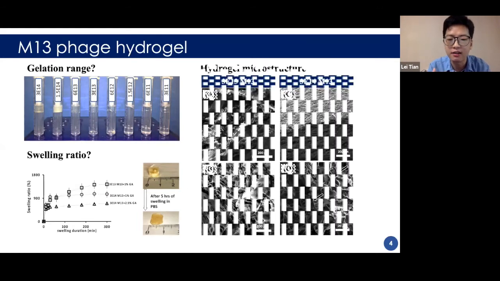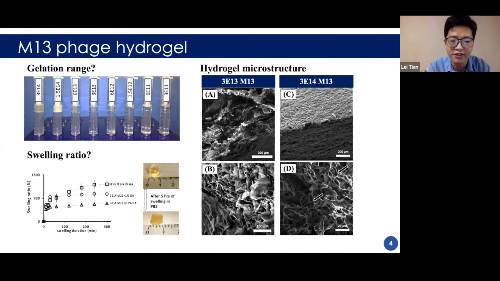So we checked the micro and nanostructure of the phage gels made at different concentrations. You can see here the hydrogel made with fewer phages has larger pores, giving stronger absorbing ability. And the filament size suggests the M13 filaments are bundles of several hundred phages.